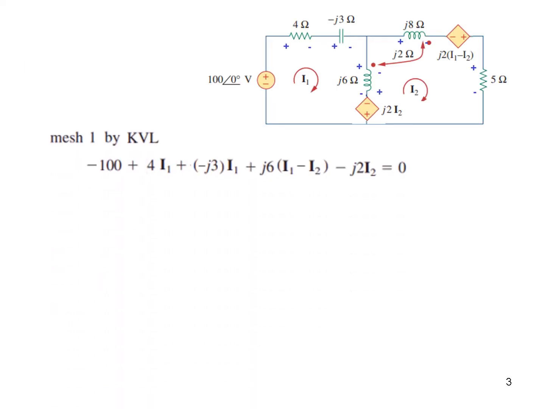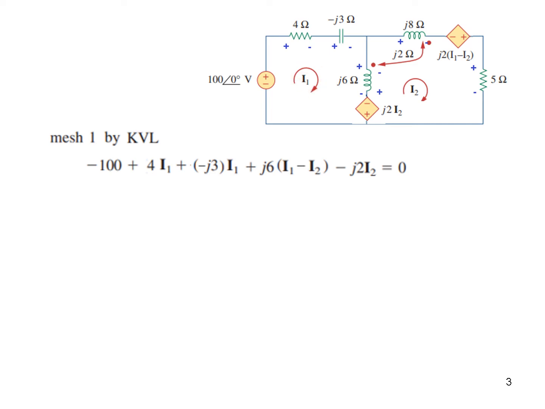Okay, so for mesh 1, we can start from any place, but I prefer to start from the left corner. There is a minus sign, so we'll write minus 100. Since the angle is 0, there is no need of writing that. So minus 100, plus 4 I1, minus j3 I1, and then j6 times I1 minus I2, because we are operating in mesh 1.